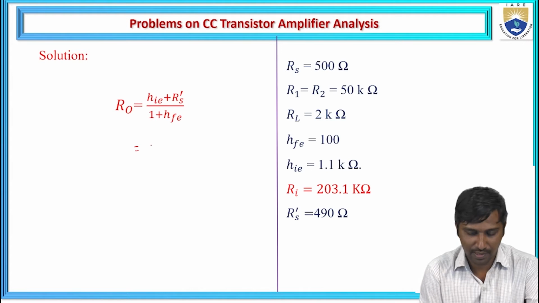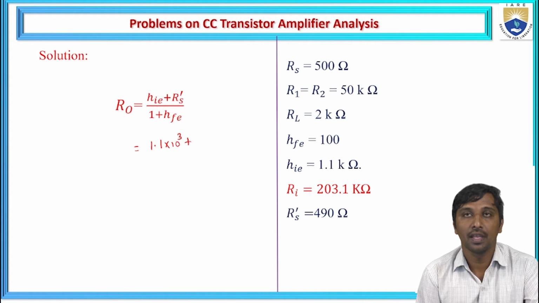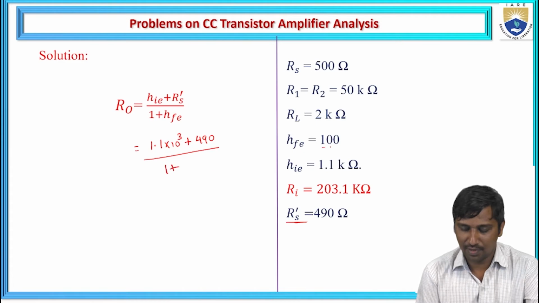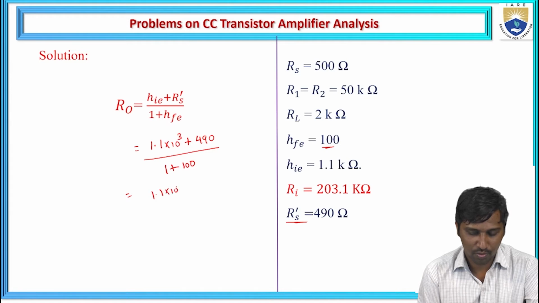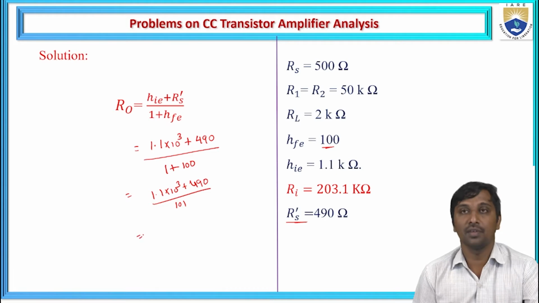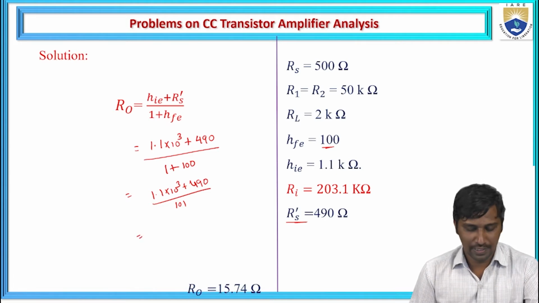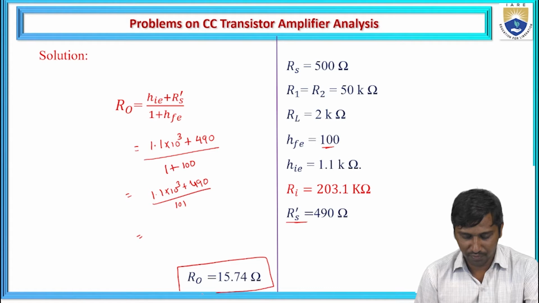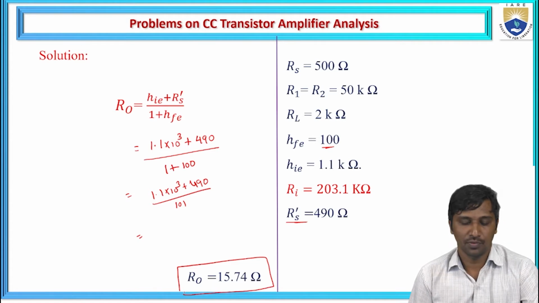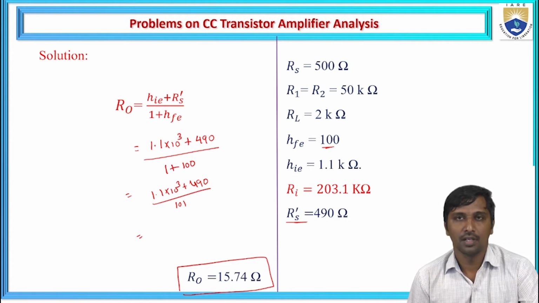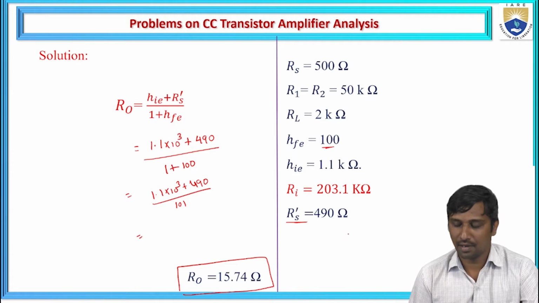HIE is 1.1 kilo ohms, meaning 1.1 into 10 power 3, plus R dash S, which is 490 ohms, divided by 1 plus HFE, which is 100. So this is (1.1 into 10 power 3 plus 490) by 101. Then you can simplify this, and it gives R0 equal to 15.74 ohms. This is the total output impedance R0.